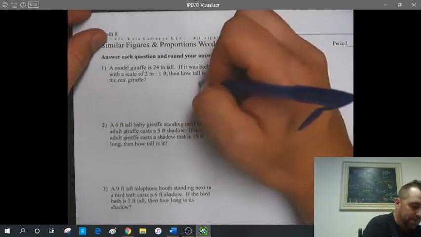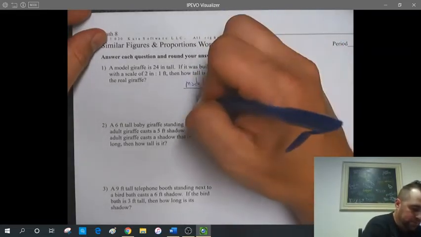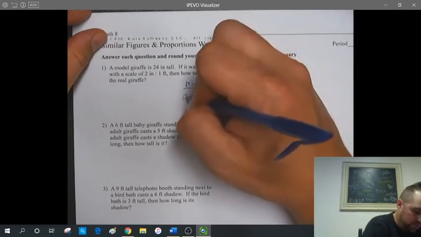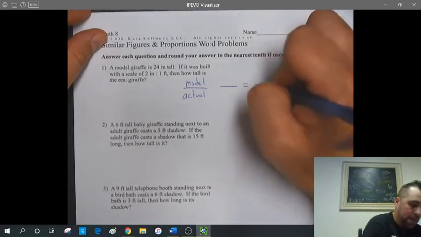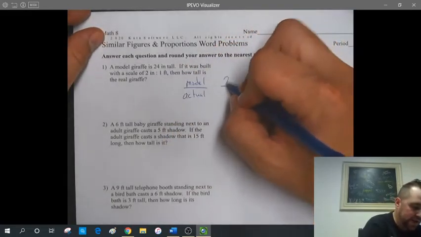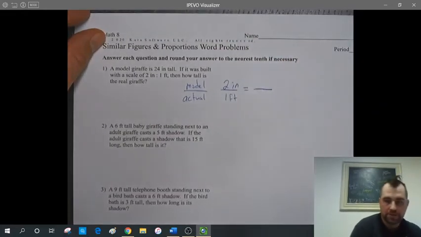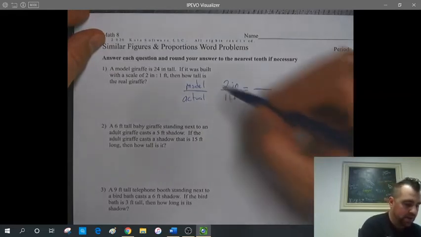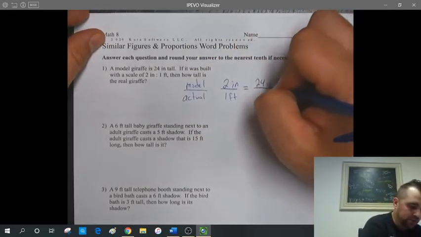So if I'm comparing model to actual, and I make a proportion out of that, well, from the scale factor that I'm given, I know that for 2 inches in the model, it's 1 foot in the actual real life giraffe. And the model is 24 total inches tall.